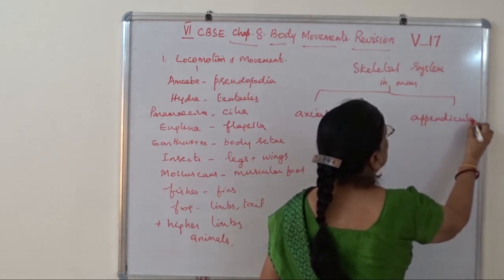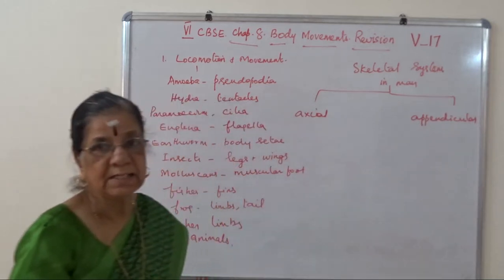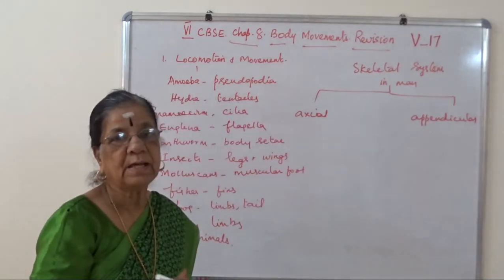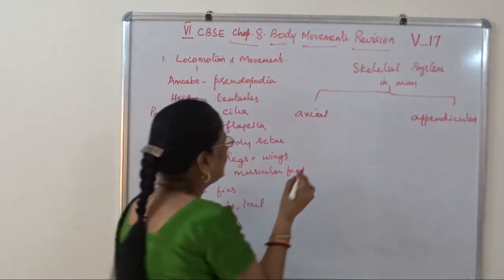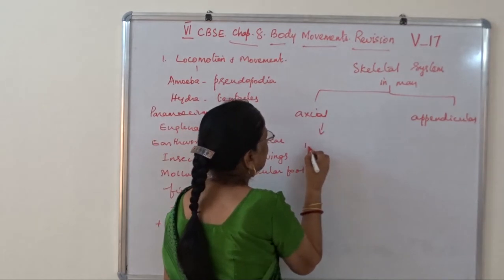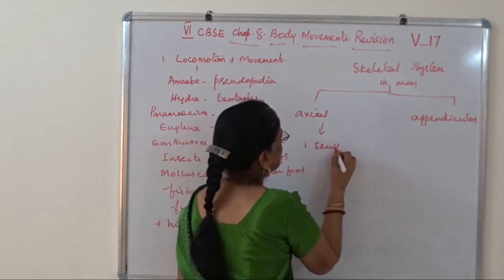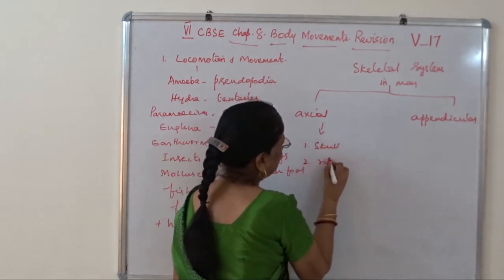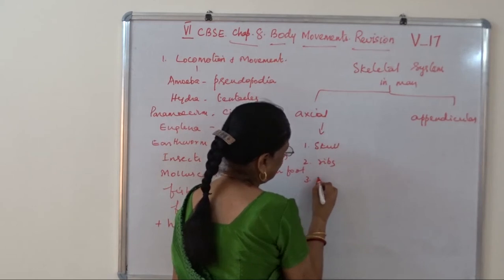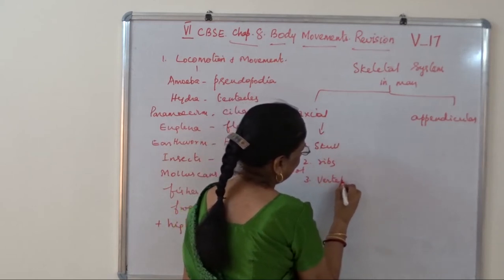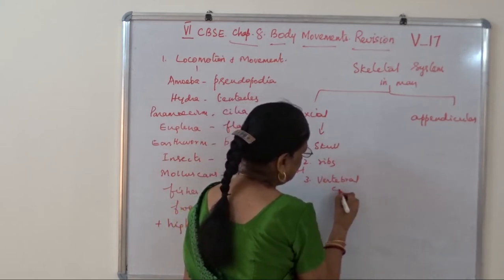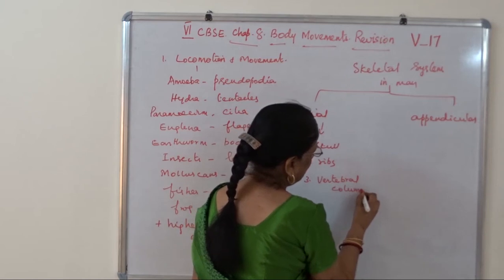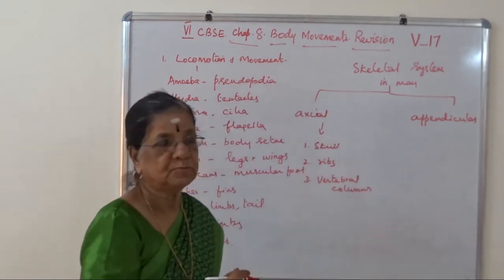The axial skeleton includes the skull, ribs and vertebral column.